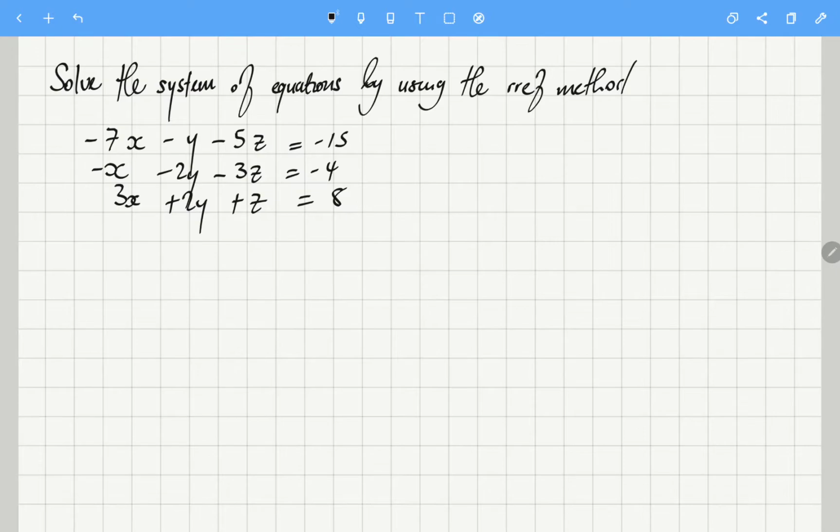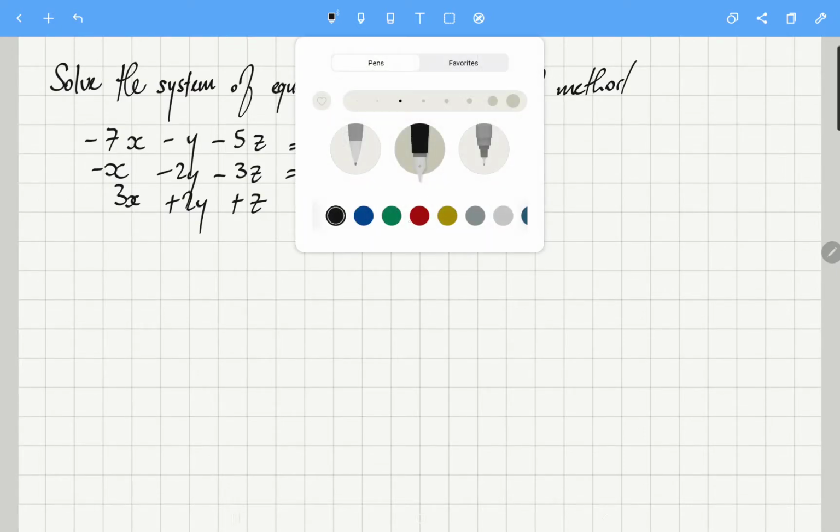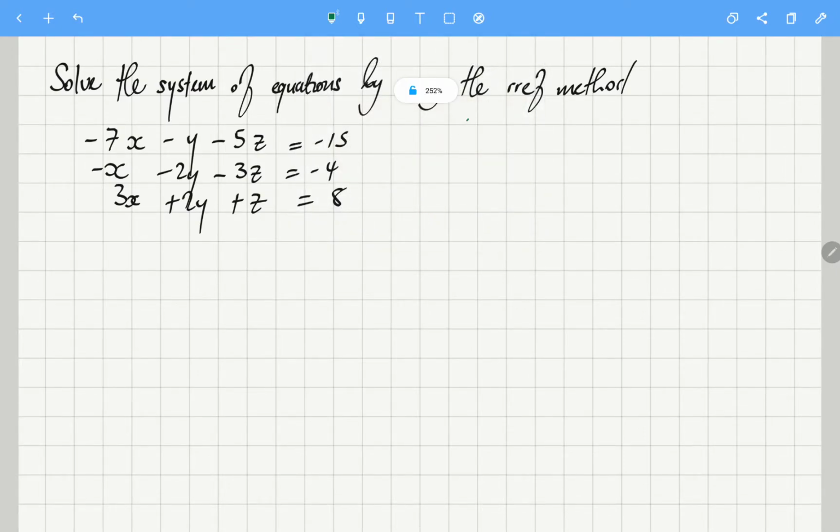So putting that into matrix form, that becomes minus 7, minus 1, minus 5, and then minus 15; minus 1, minus 2, minus 3, minus 4; and then 3, 2, 1, and 8.